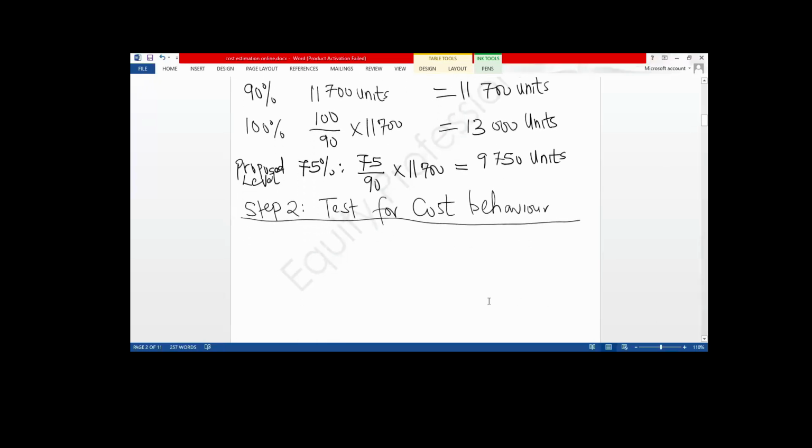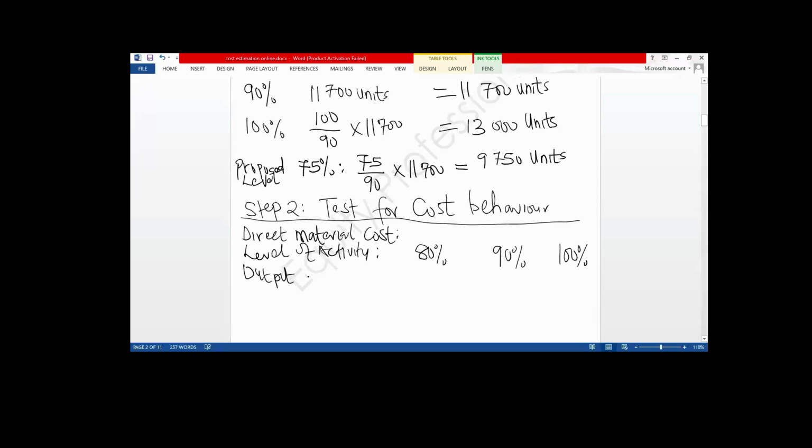We are going to pick the individual costs we are given. We are given direct material cost. Remember, we are still dealing with Apapa. Our level of activity in percentage: we have 80%, 90%, and 100%.